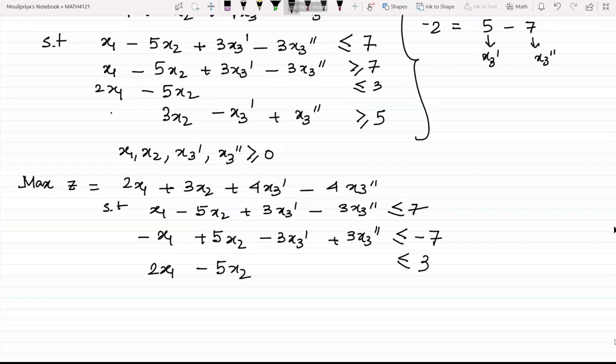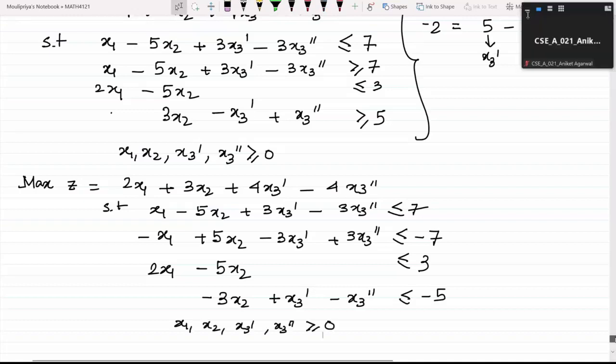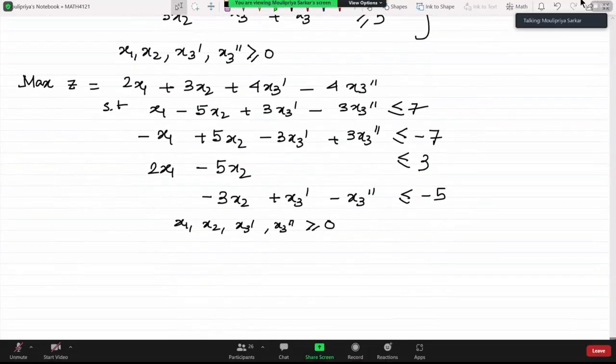Then the next one is again going to change: minus 3x2 plus x3' minus x3'' less or equal to minus 5. x1, x2, x3'. Okay, so am I okay with this formation?